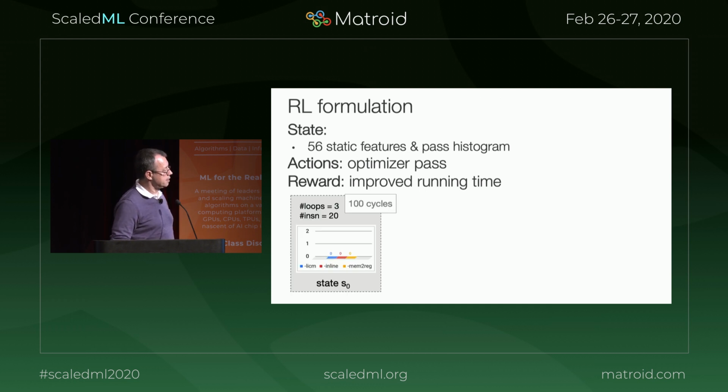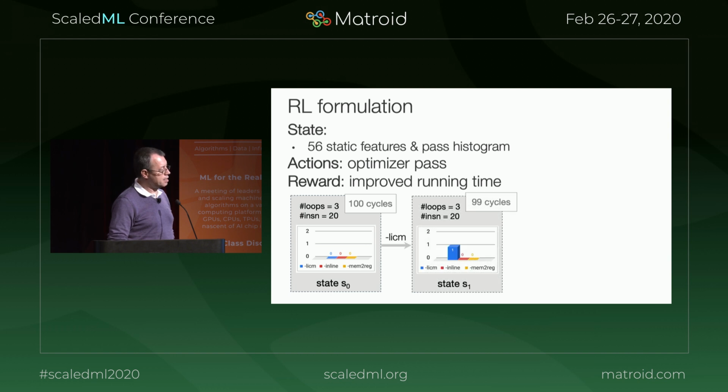So here is an example. Here is the state. We will only look at the number of loops and the number of instructions, 3 and 20 is the past state, and also there is a histogram down there. You are looking at 3 passes here: loop invariant code motion, inline, and mem to reg, which aggressively uses registers for variables which are used often. Now you take an action. Say you decide to use first loop invariant code motion.